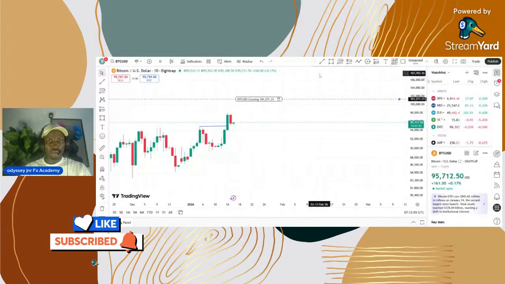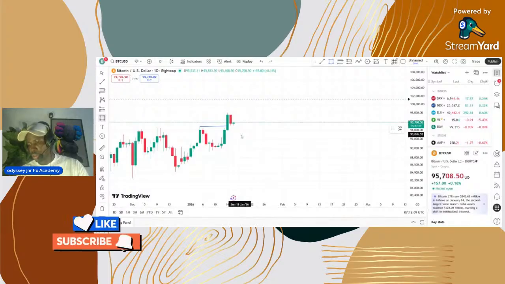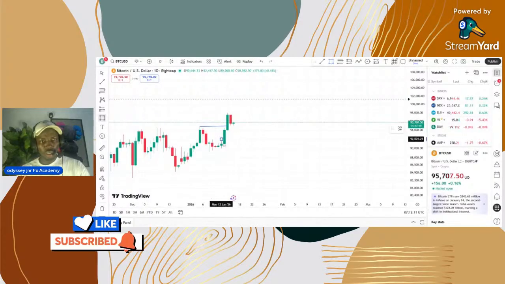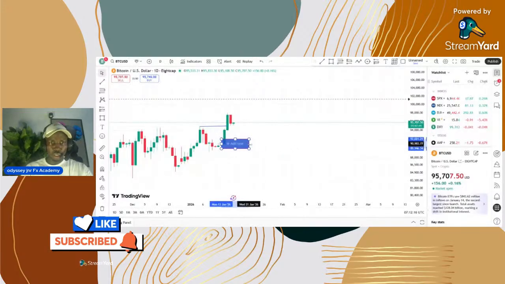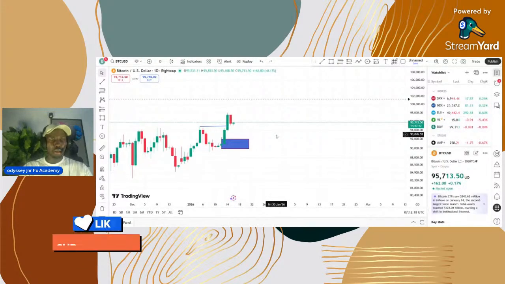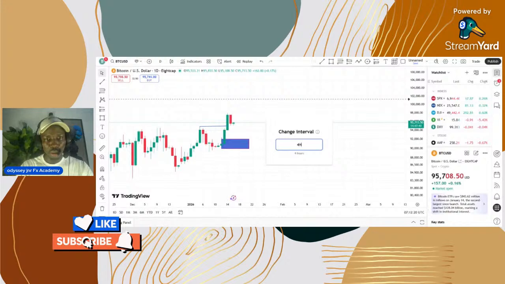And you see this is the order block that led to the bullish move. So we go to the 4 hours.